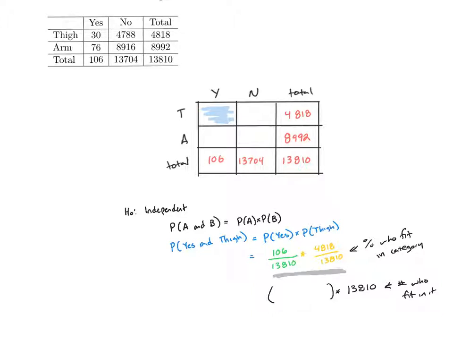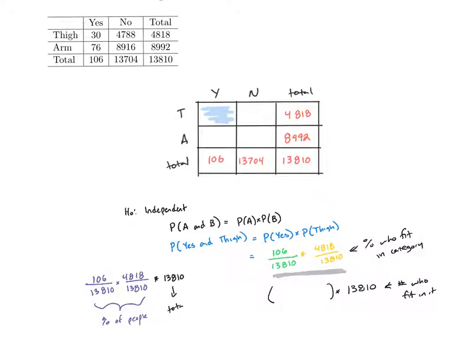Now we could actually calculate that, or we could look at this a little bit more in depth, and that is pulling it over on the side here. I notice I would have 106 over 13,810 times 4,818 over 13,810. And then if I want the number of people, I'd multiply that by 13,810. So again, this is the percent of people. And this right here is the total.